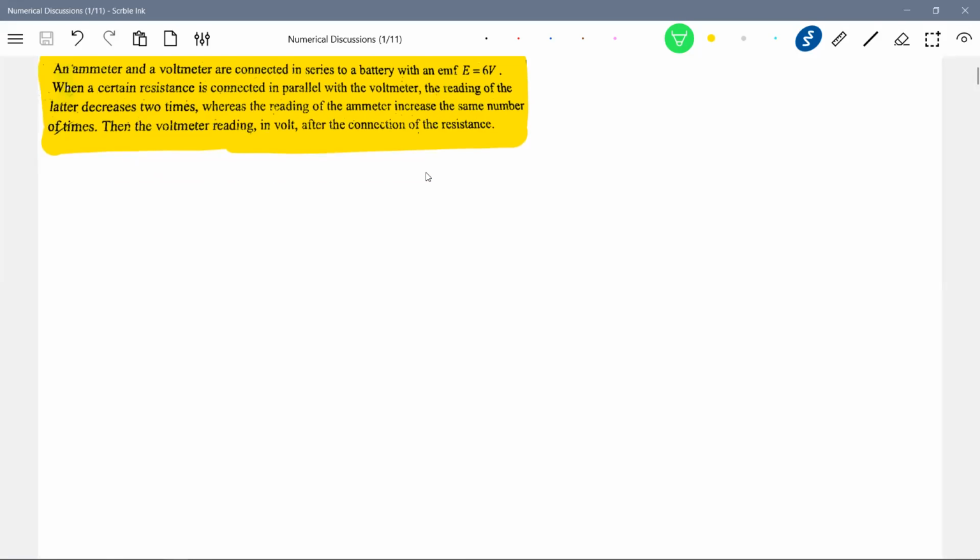I just pick up some numericals. Again, what are the things we really have to plan in current electricity? If you look at the advanced, you come in reverse order: potentiometer, meter bridge, post office box, ammeter, voltmeter, grouping of cells, basic Ohm's law, Wheatstone network.